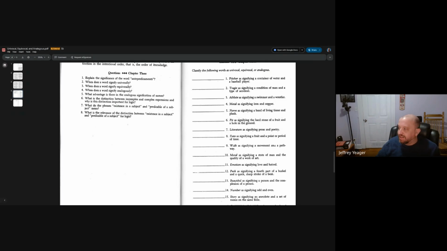It's not the same thing, but you're applying the same concept to both things. Beautiful is signifying a person and the complexion of a person. The idea of beauty, you're applying it to two different things, so analogous.